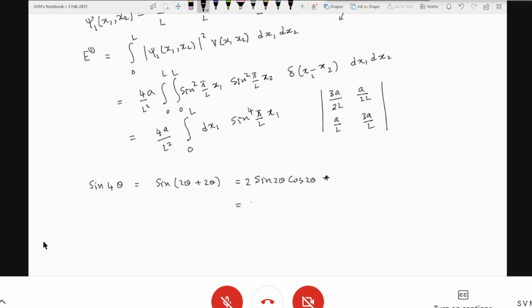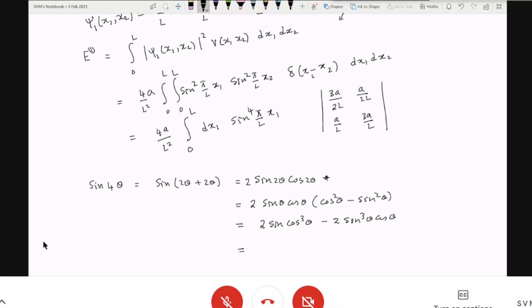So that's equal to 2 times sine theta cos theta into cos square theta minus sine square theta. So then we will have 2 sine theta cos cube theta minus 2 sine cube theta cos theta.